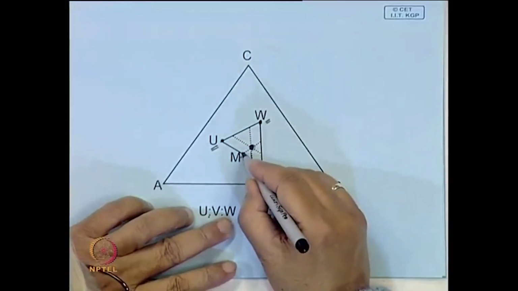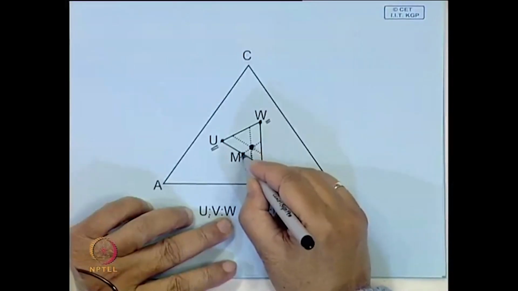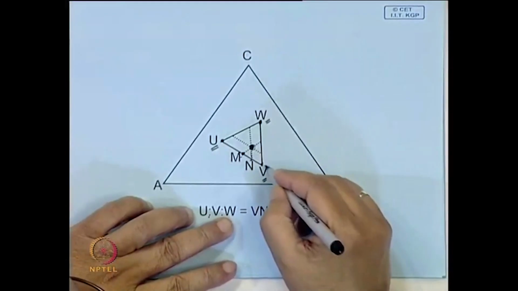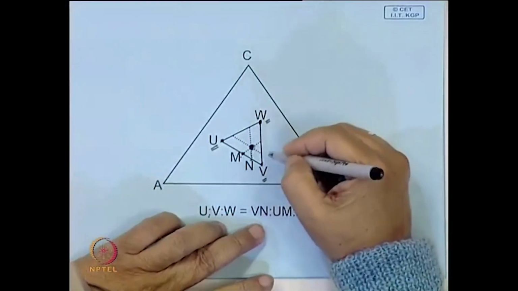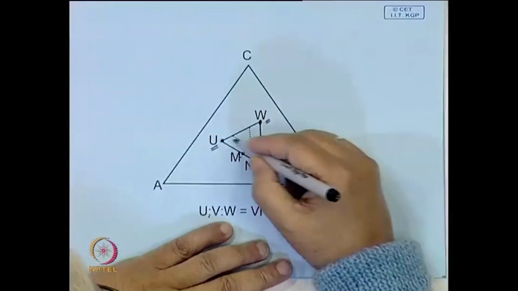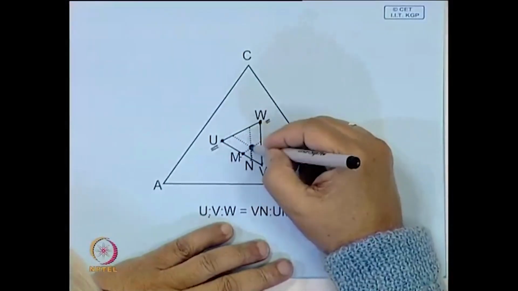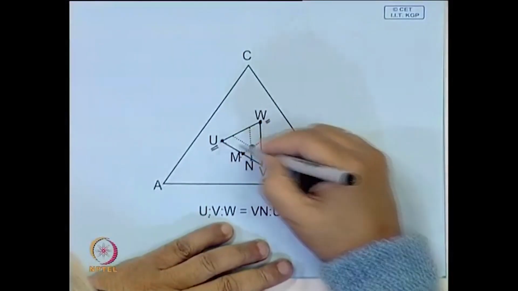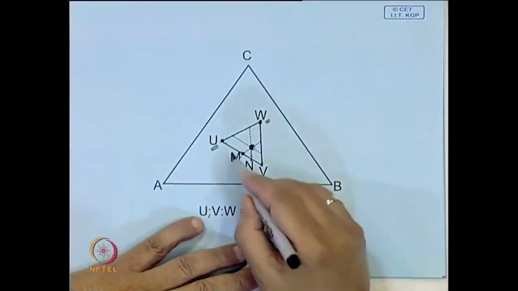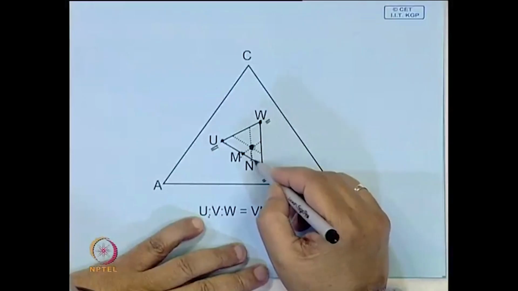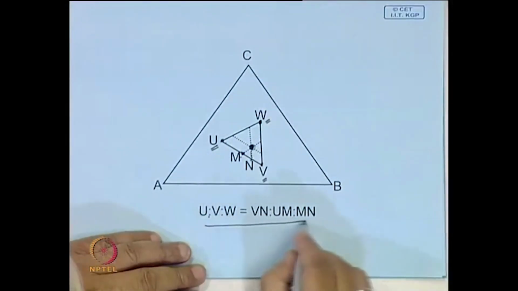W is equal to this from here to here, which is equal to m n. Similarly, V is equal to U m, and U is equal to V n. So, this is shown over here.